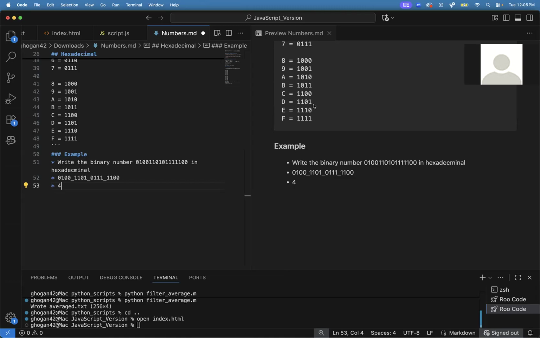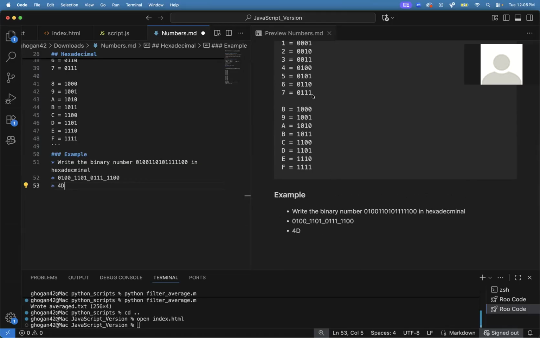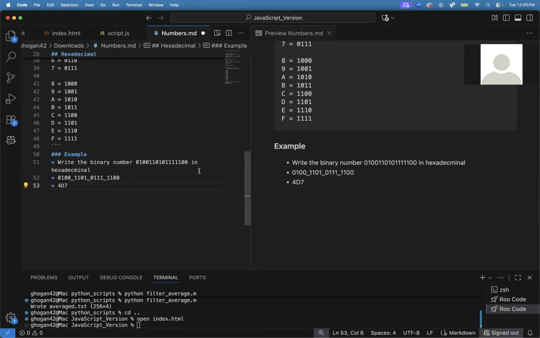I find it right here. 1101 looks like it's D. And then the next digit is 0111. 0111 is 7. So you go 7. And then the last digit here is 1100. You find 1100. 1100 is C. So this binary number here is actually 4D7C.